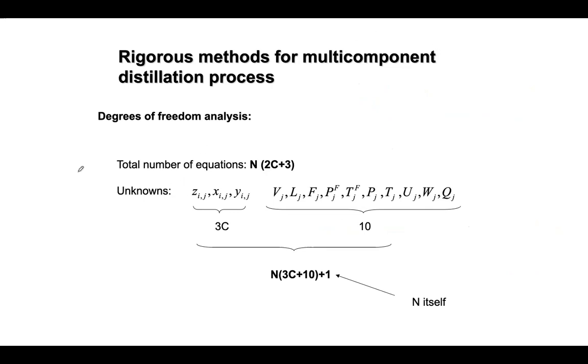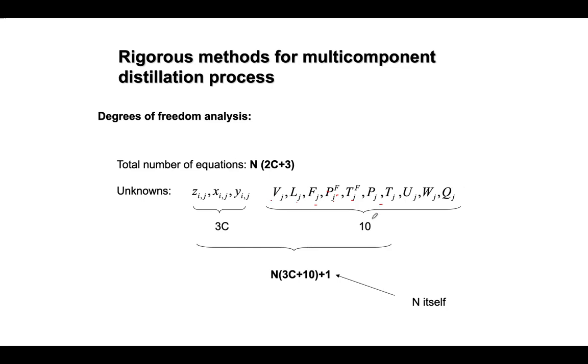So here, in one stage, we have Z, Xij, and also Yij. So there are 3, multiplied with the number of components. If we have 5 components, multiply with 5; if there are 10 components, multiply with 10. And aside from that, we also have Vj, Lj, Fj, the pressure in the feed, the pressure in stage j, and so on.